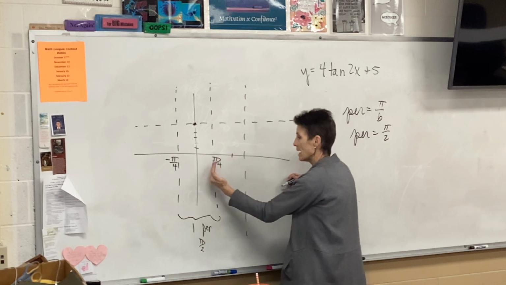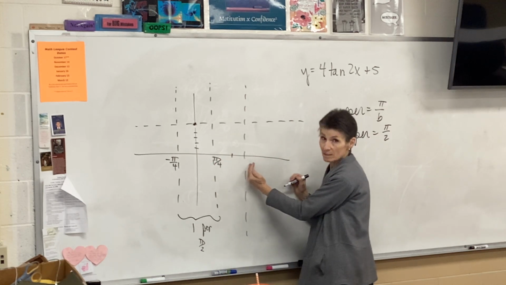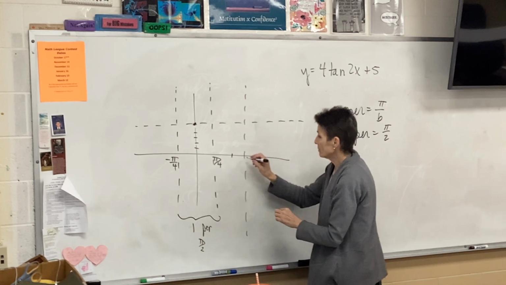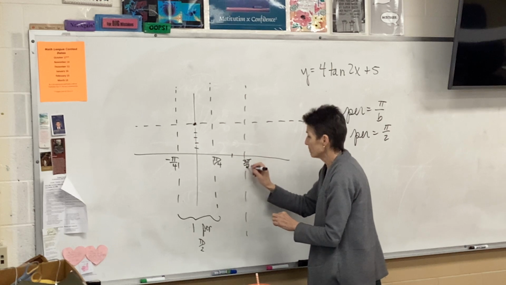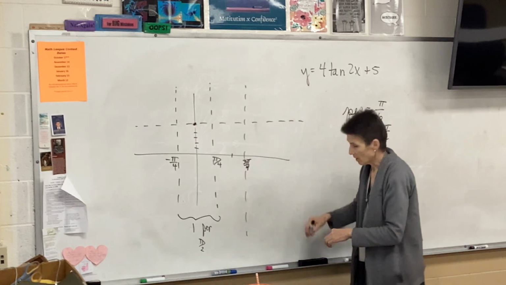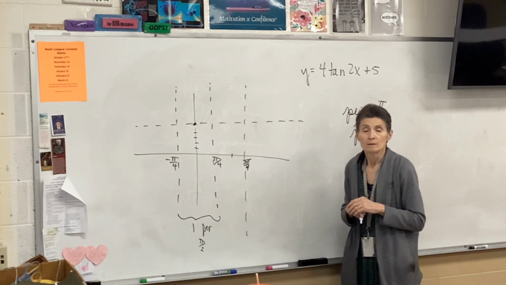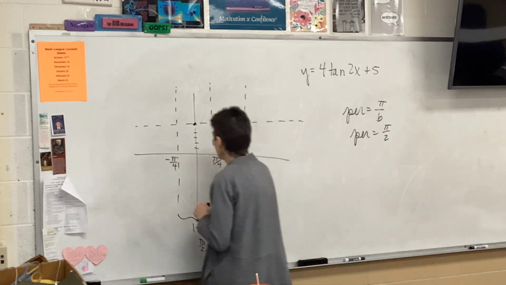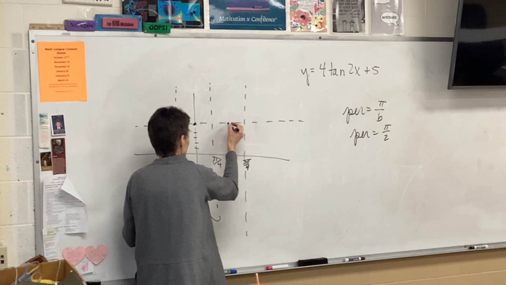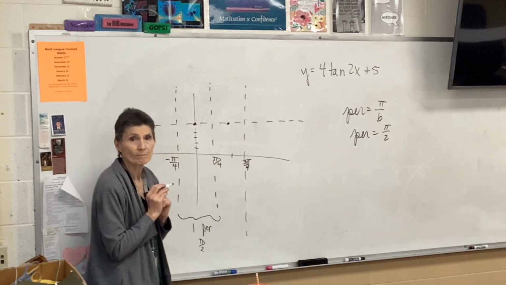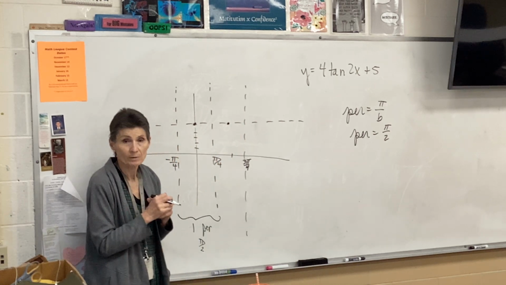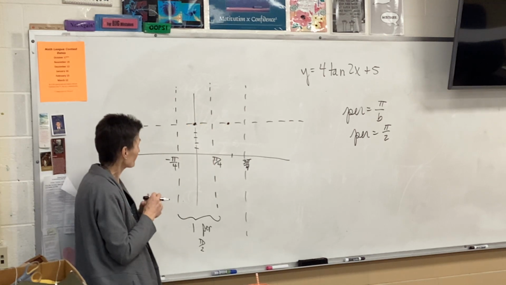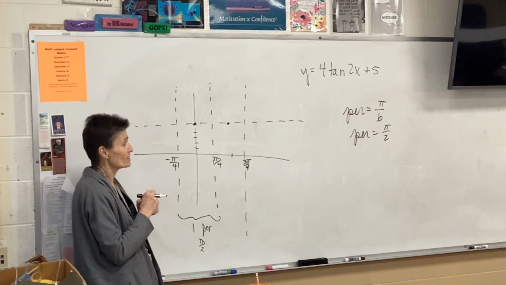Well, again, asymptote to asymptote is a period. So if the period's pi over 2, then this would be 3 pi over 4. And you could draw as many as you wanted to. Now, halfway between these asymptotes are what we call zeros. Only they're not zeros anymore because they're up on this line now. And that's where my concavity changes.